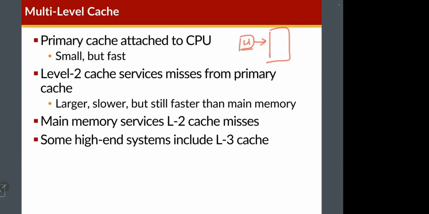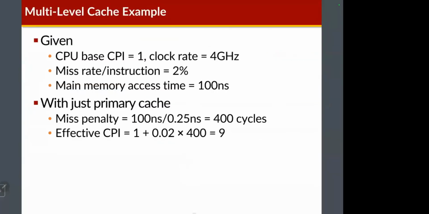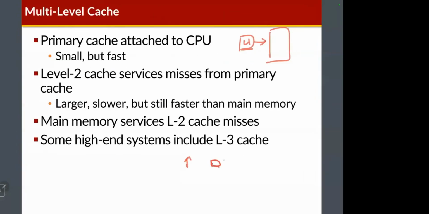So why do we use memory hierarchy? The high-level memory is very small, but it's very fast. The low-level memory is large, but it's slow. So you can apply the same concept to the cache hierarchy, like the L1 cache, the L2 cache, and the L3 cache.